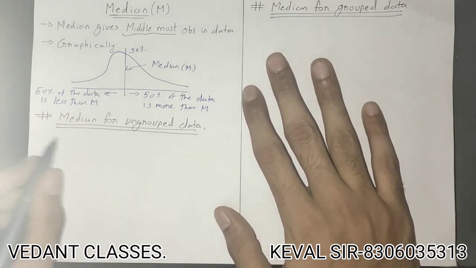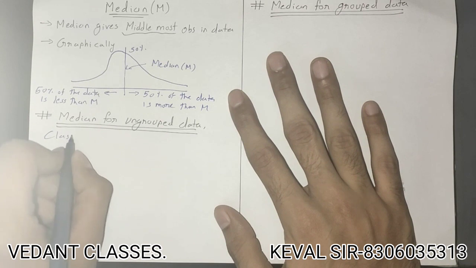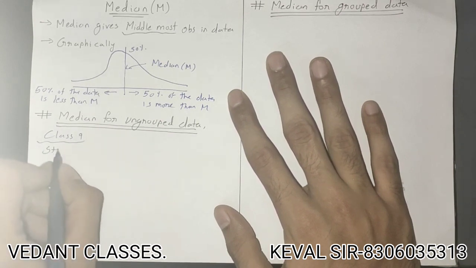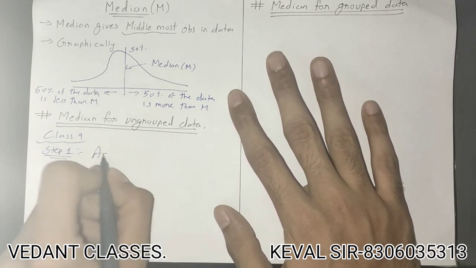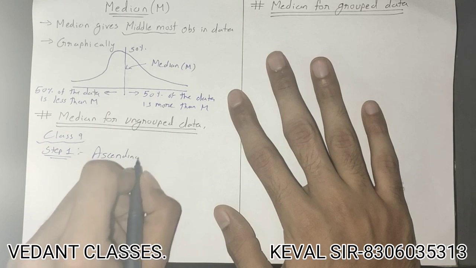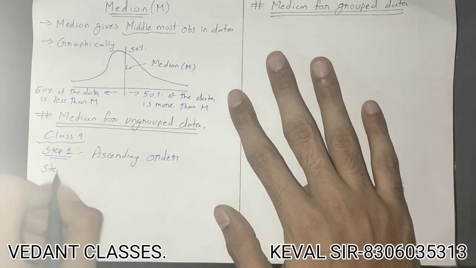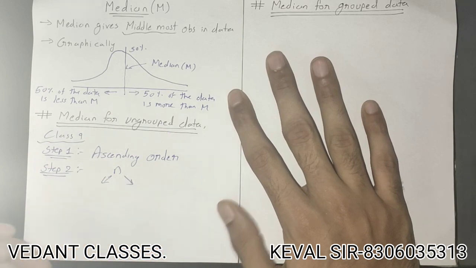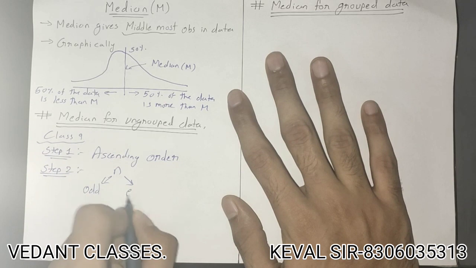Now we have already seen the median for ungrouped data in class 9, where we saw the formulas to calculate it. First, we arrange the data in ascending order. Then in the second step we decide whether the number of observations is odd or even.